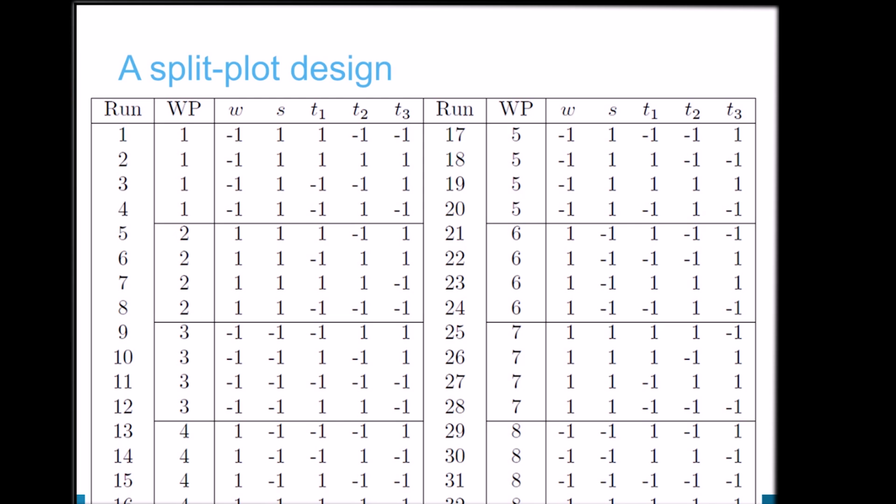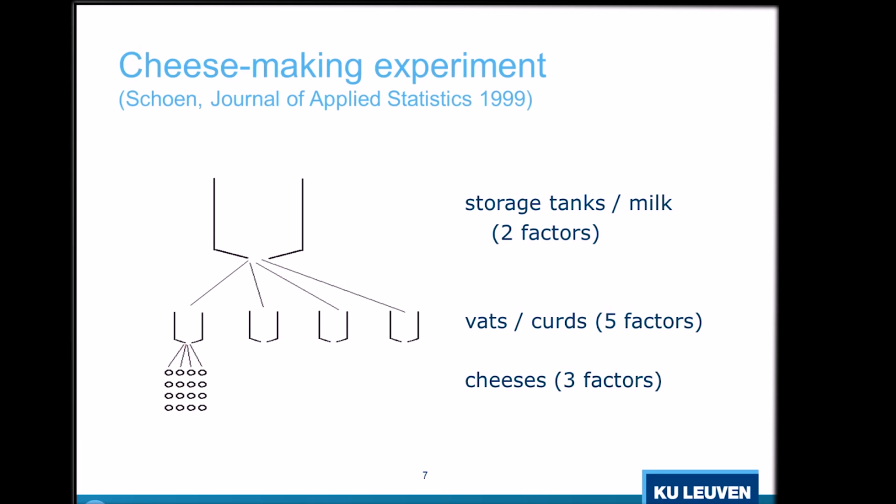They change essentially from run to run, from individual observation to individual observation, from subplot to subplot, and therefore we call the easy to change factors T1, T2, and T3 subplot factors. And W and S are whole plot factors instead. So that's the kind of experimental design that researchers like when they encounter hard to change factors.